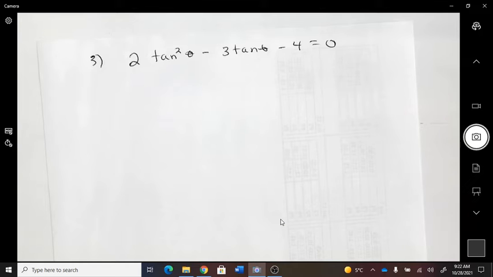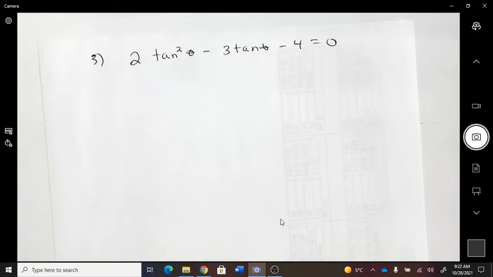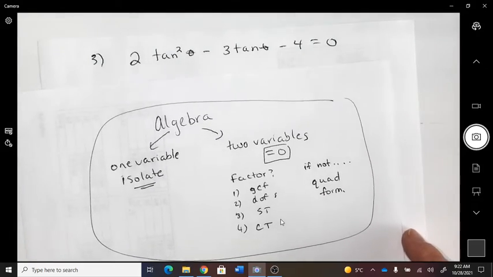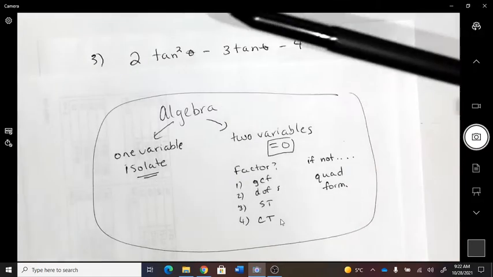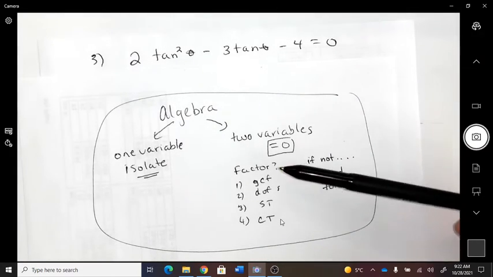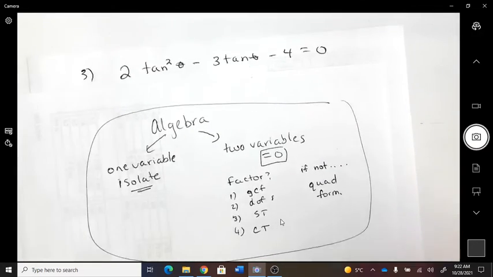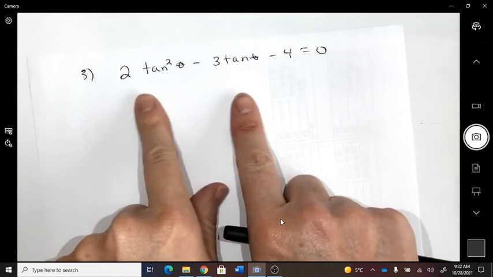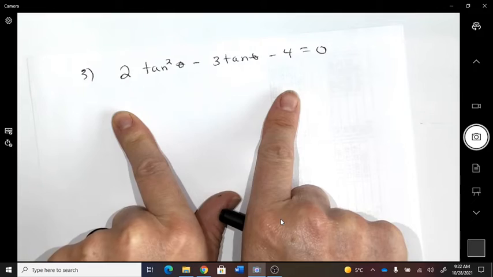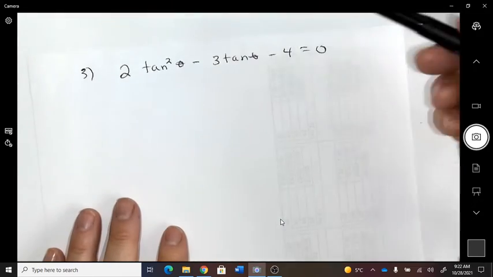Okay, so going through my algebra stuff in my head, well, it does not have one variable to isolate. There's two variables because I have a tan squared and a tan. Do I want to try factoring first? Let's try. This would be a complex trinomial, right?